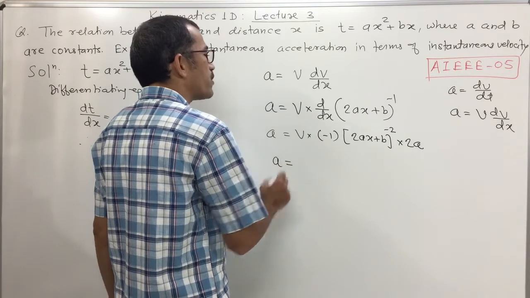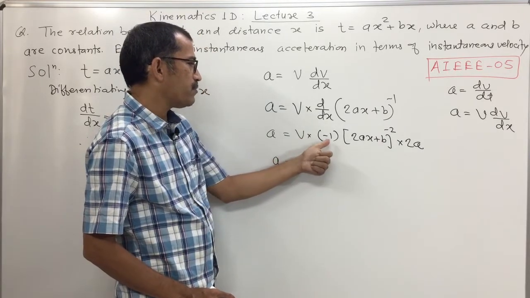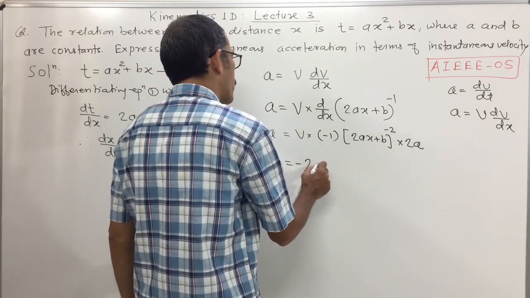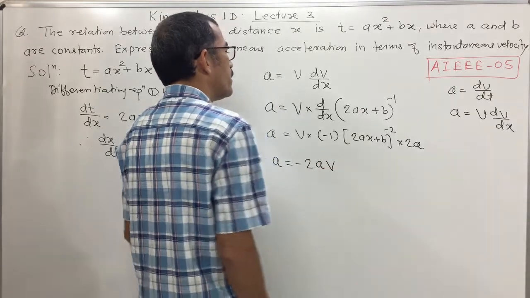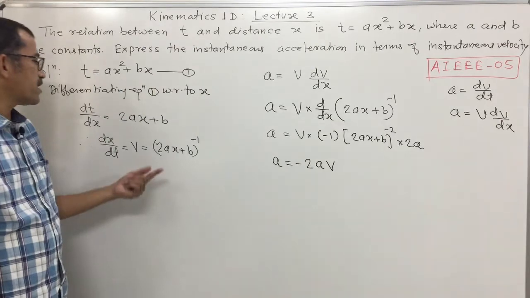That means a is equal to what? So this one is v, minus sign है ना, तो minus 2a into v. 2ax plus b raised to minus 1 is velocity.